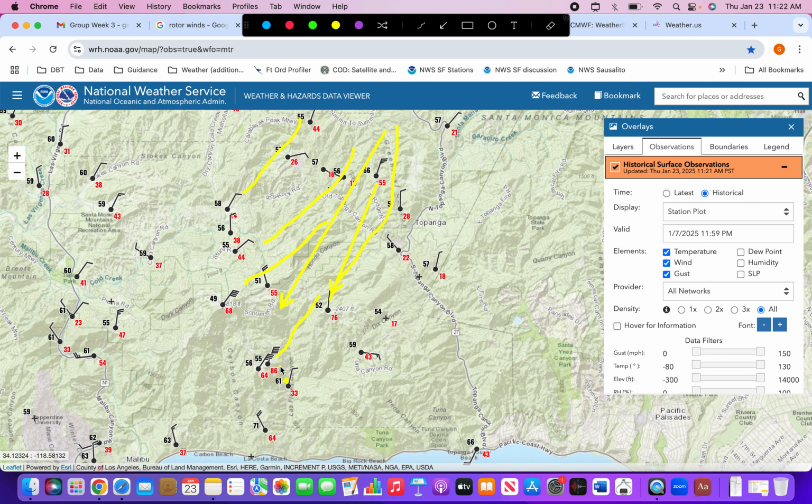I mean, look at this 86 right here. There is 64. This is really strong wind. And there's something else I wanted to talk about, which is rotary winds.